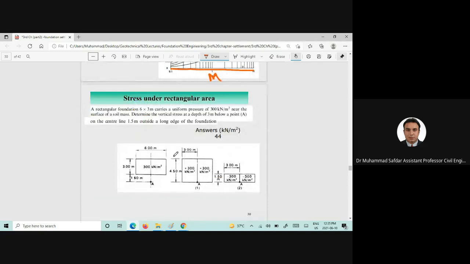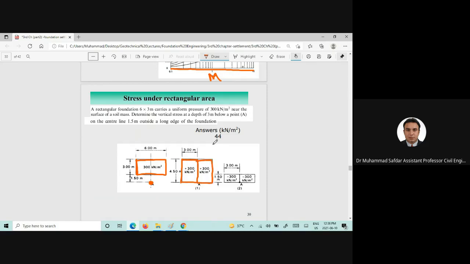Now we can use the superposition concept for the rectangular area. If we are asked to find out the stress increase at this particular point A, we can increase this area and divide it into 2.